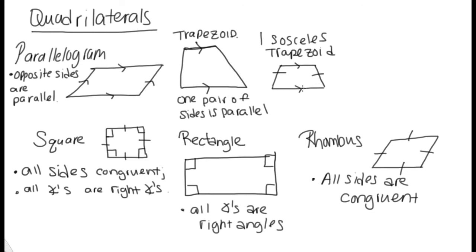So a trapezoid where non-parallel sides are congruent. So we have both one pair of sides are parallel and one pair of sides are congruent. Not the same pair.